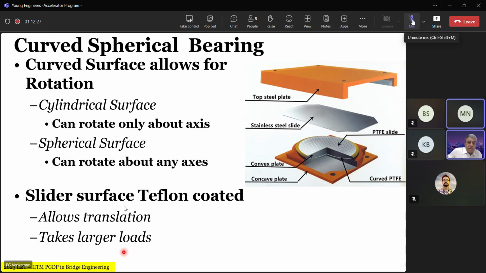Okay, one of these days I will. Misplacement of the concave plate and convex plate, or if the layers are missing anything. You can't open it at site, you cannot separate out the thing. It comes as a single unit, the top and bottom, and you just install it, and it comes with erection clamps and erection bolts.